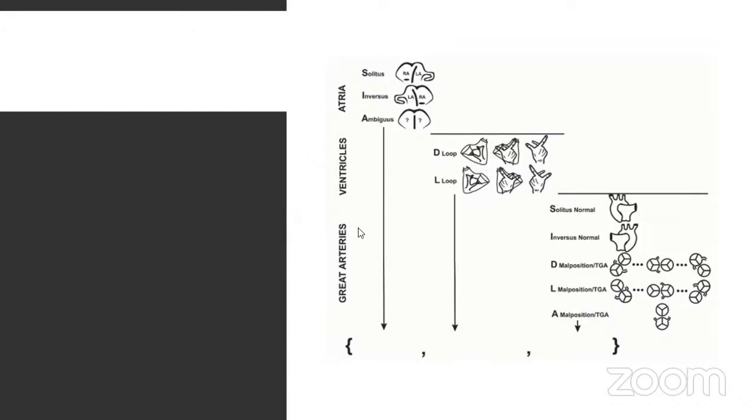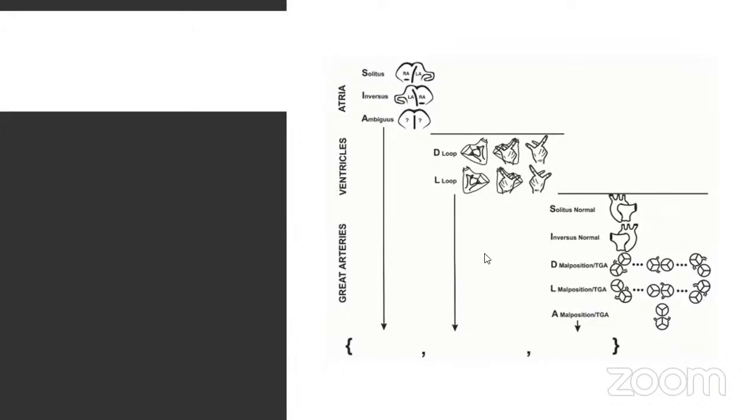Lastly, when you look at the great arteries, solitus, normal, and inversus refers to whether the aorta is coming from, usually, within the normal arrangement.